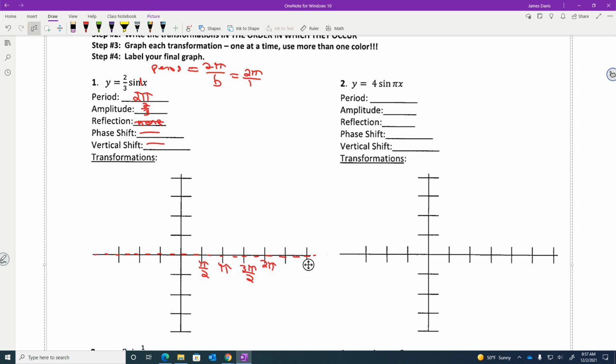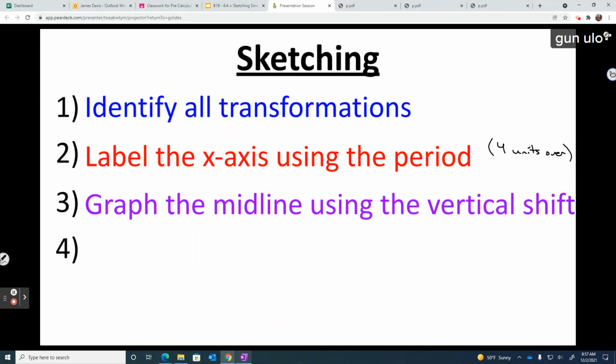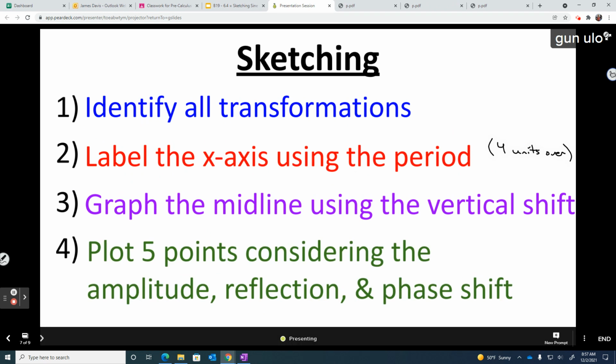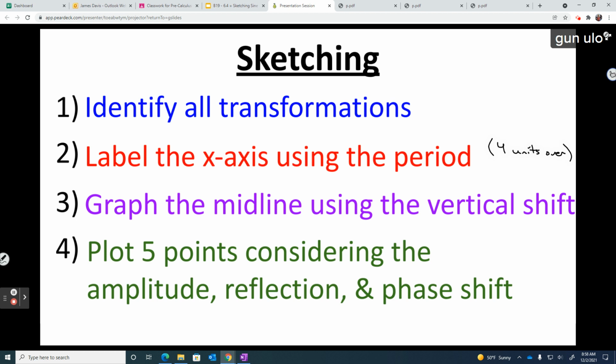And then the last thing we're going to do is kind of combine several steps, but you're going to think of all these together. We're always going to plot 5 points, and we're going to take into consideration what the amplitude is, if there's a reflection, and if there's a phase shift. Generally, there won't be all 3 of those.